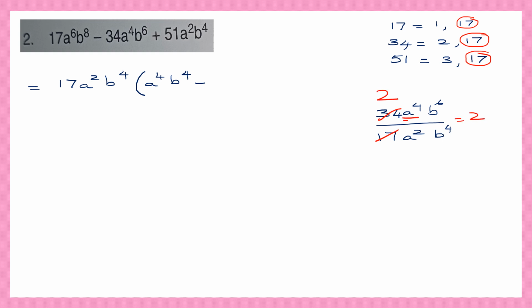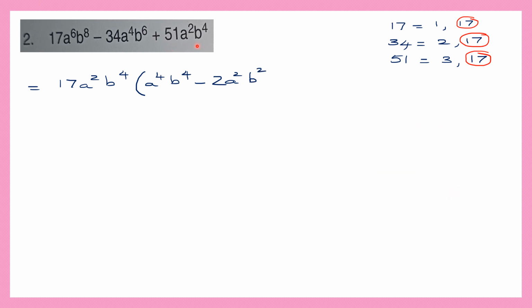Now let's take a to the power of 4 and a to the power of 2, that is a to the power of 4 minus 2, which is a to the power of 2. Let's write it here, a to the power of 2. Now let's take b to the power of 6 and b to the power of 4. b to the power of 6 minus 4, which is b to the power of 2. So here we have b to the power of 2. So let's write it there, 2a square b to the power of 2.